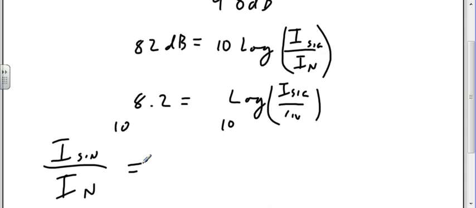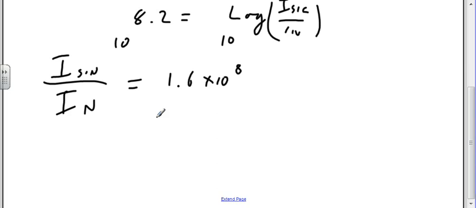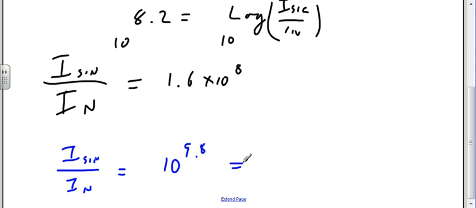Turn on a calculator. 10 raised to the 8.2 is going to be 1.6 times 10 to the 8th. And then we're going to do it again for the second player: 10 to the 9.8 is 6.9 times 10 to the 9th.